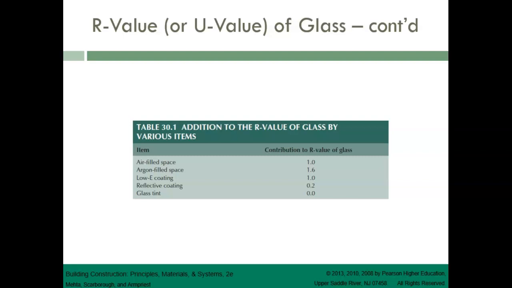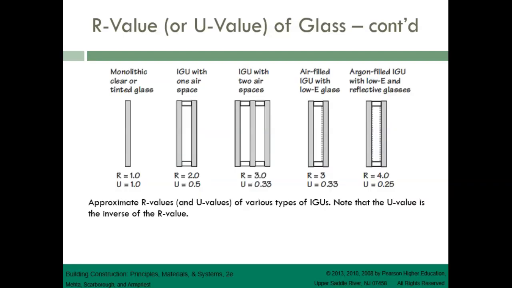Manufacturer's data must be consulted for precise values. Using the information on Table 30.1, these are the approximate R values and U values of various types of IGUs. Note that the U value is the inverse of the R value.